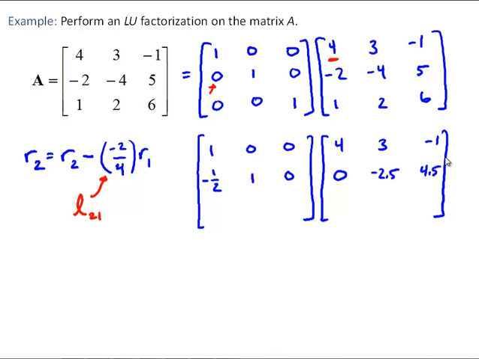Next, we'll go to row 3, and we get row 3 is equal to row 3 minus, and our elimination factor in this case is going to be 1/4 times row 1. So we'll go ahead and put that elimination factor there. That's again L31.